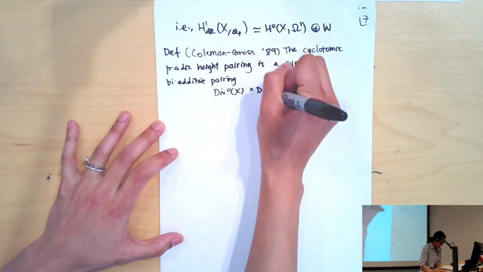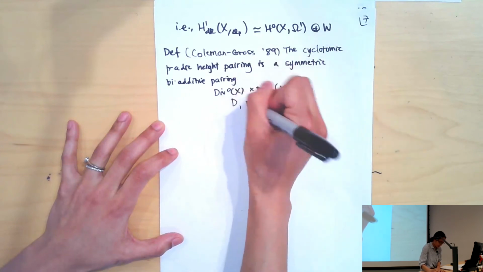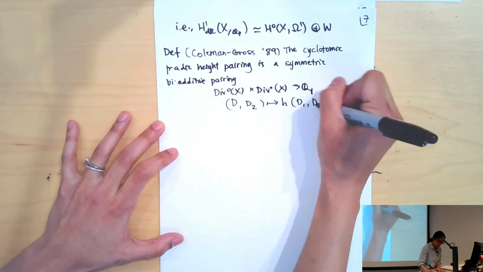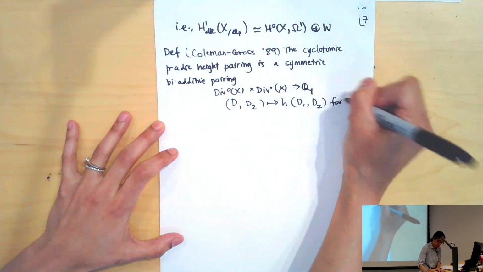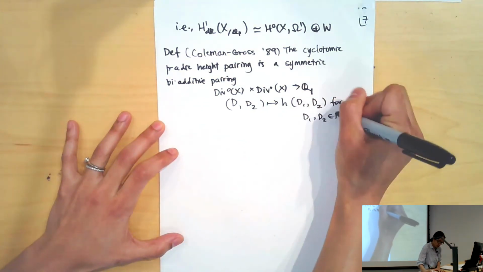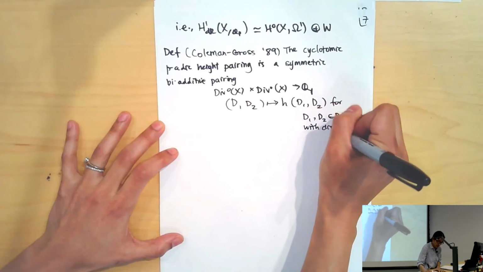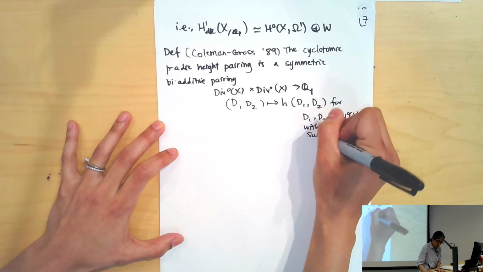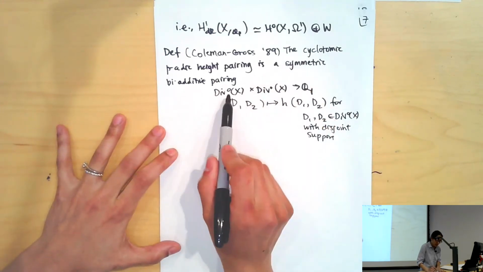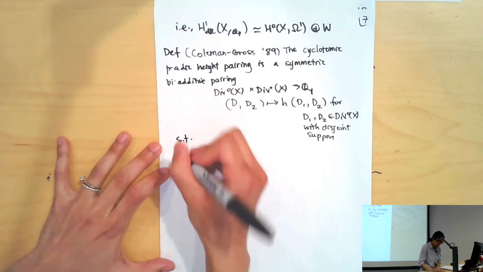So we make some choice of divisors, D1, D2, and we get some global height. Here we need to be careful about what sorts of divisors we allow. So D1 and D2 are degree 0 divisors with disjoint support. Okay, so it's a symmetric bi-additive pairing on degree 0 divisors on the curve such that the following holds.